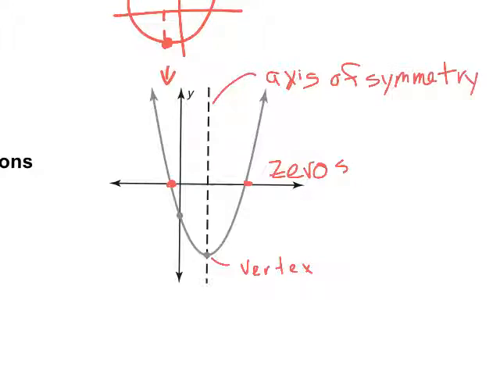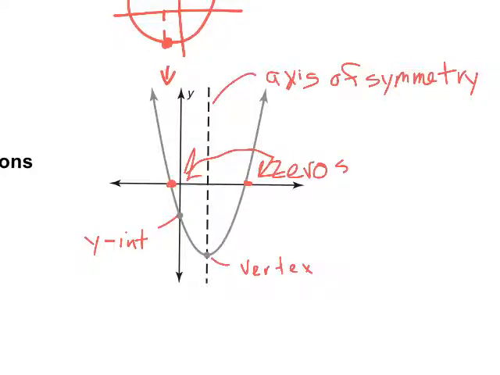And then we have one other thing that we didn't talk about, but you may need it. This is the y-intercept. And you guys all know what a y-intercept is. It's where the graph crosses the y-axis. Just so you know, that is a zero as well. Okay, so those are all the parts of the parabola, of the graphed quadratic.